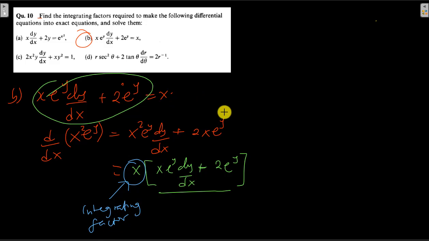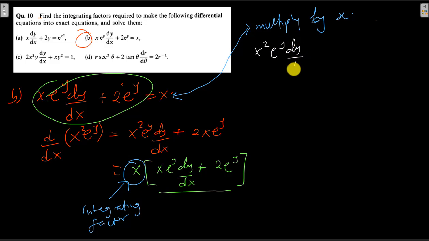And so we are going to multiply all the equation by x. So we multiply this equation by x, and basically that's going to be x squared exponent y dy dx plus 2x exponent y equals x squared.